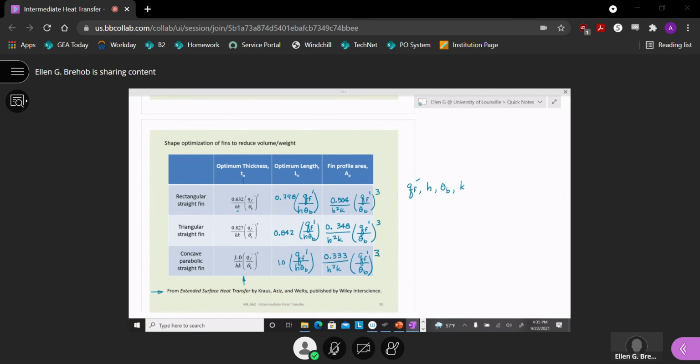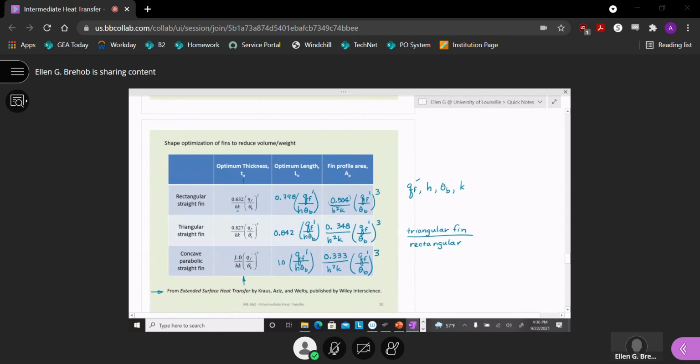I only liked this chart the first time I saw it, is to think about how much volume of material. If I'm making aluminum fins, you could say it's the ratio of this. If I take my, let's see, triangular fin over rectangular, and think about how much material I'd have to use, which relates directly to that fin profile area.